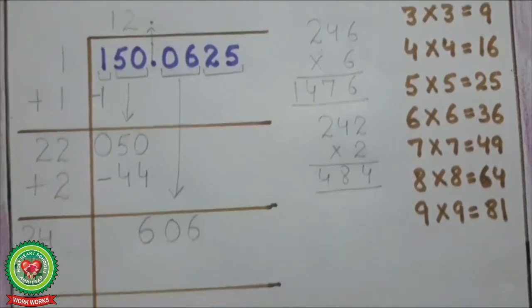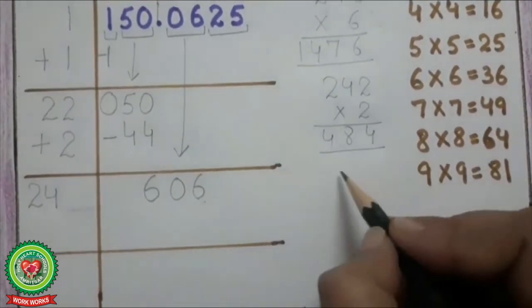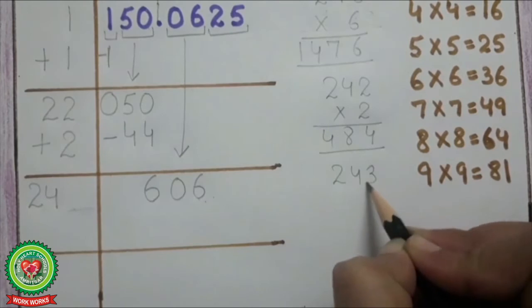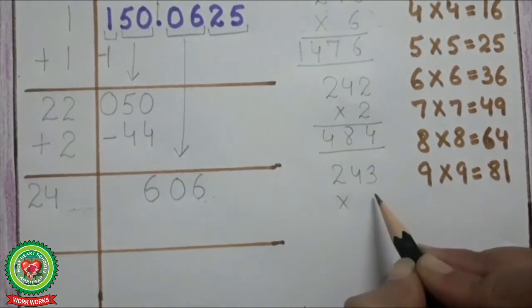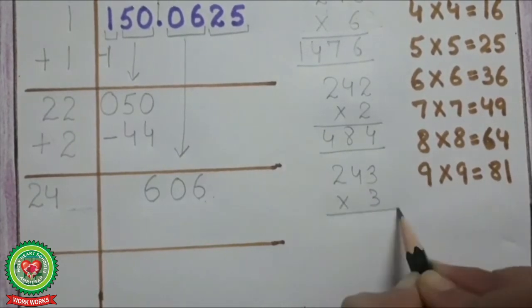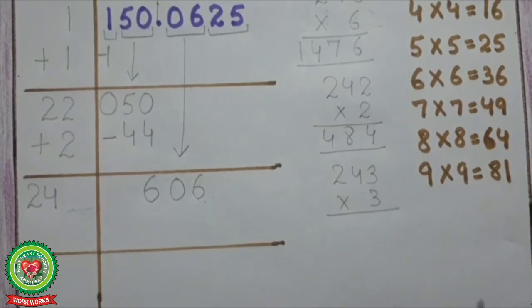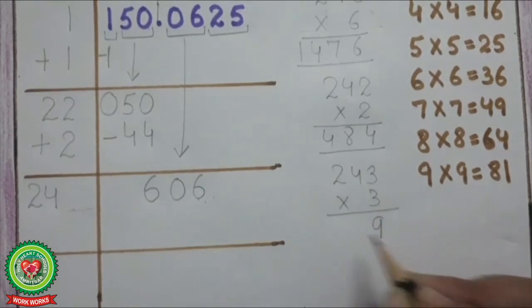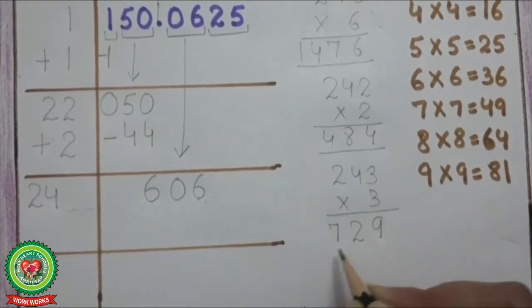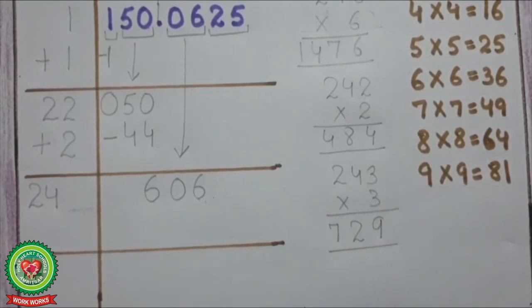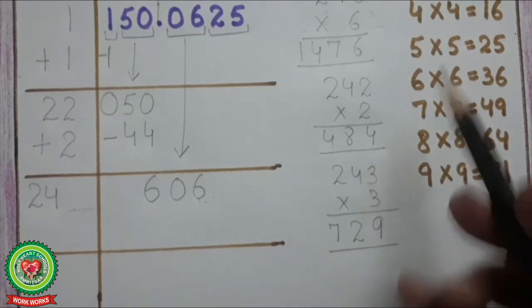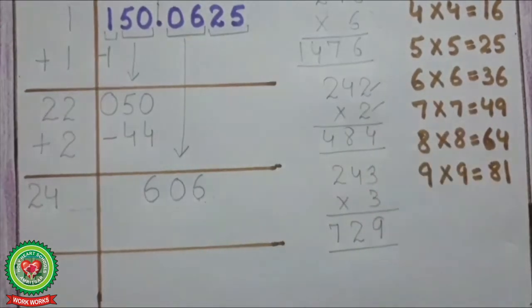Let's check by the next digit 3. 243 multiplied by 3 will give you 729, which is again larger than 606.